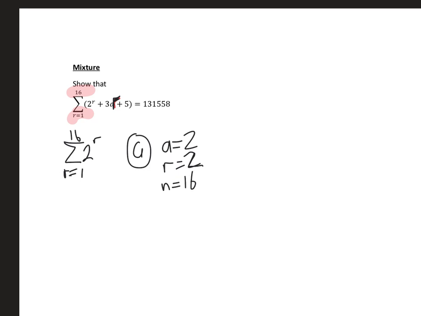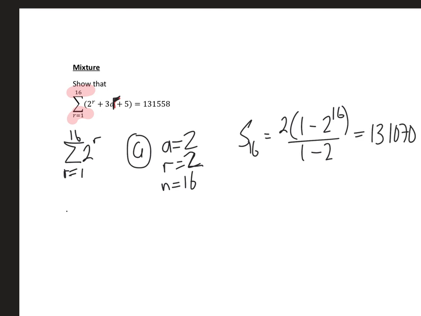So if I use the Sn formula, I'll get a times 1 minus r to the power n divided by 1 minus r. So I'll work that out. 2 times 1 minus 2 to the power 16 divided by minus 2.